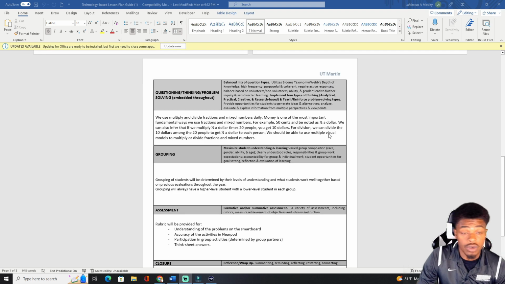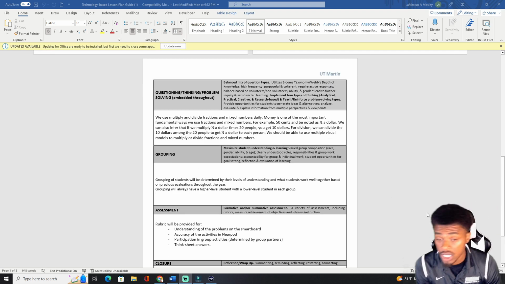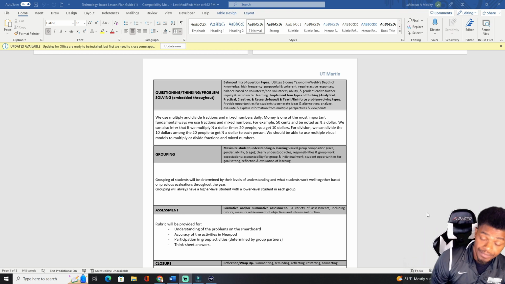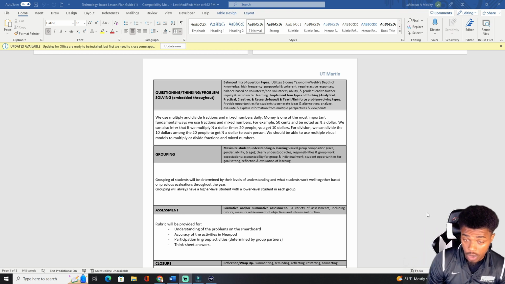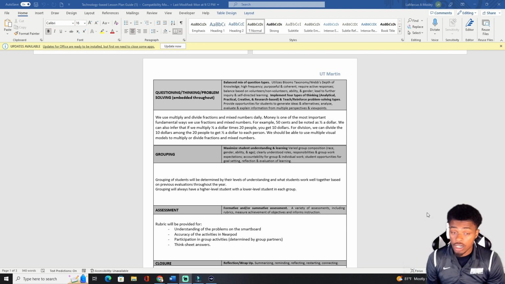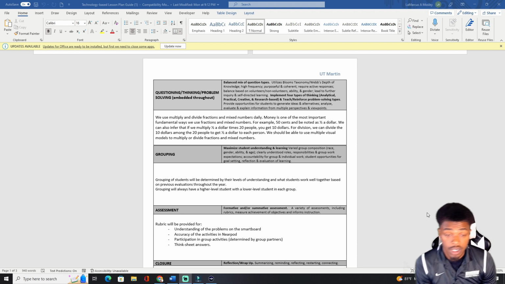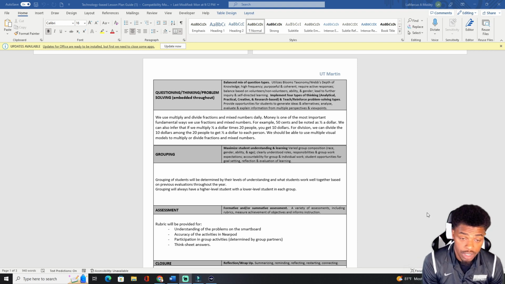All right, so grouping of students. I grouped you guys based on your level of understanding and what groups I feel work together based on previous evaluations throughout the year. So if Jimmy and Sally can't get along in the group, and I've seen that you can't get along at recess or any other function throughout the school, then you're not going to be in a group together.